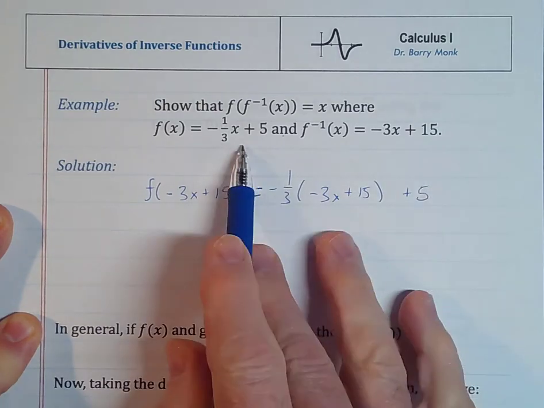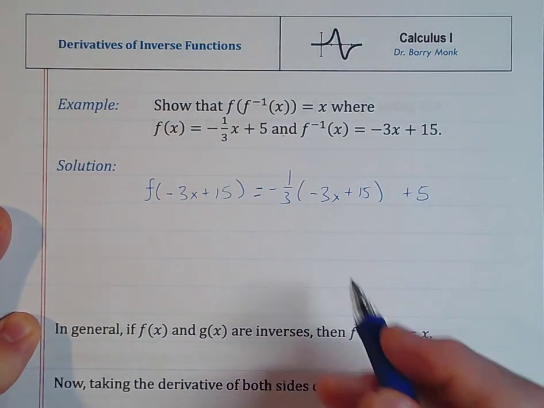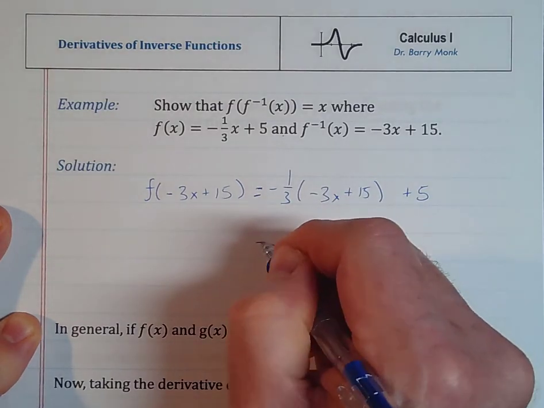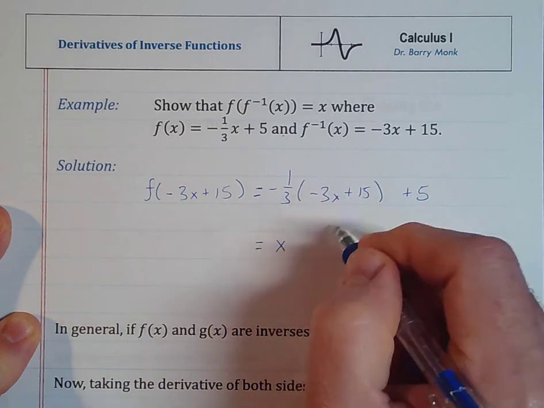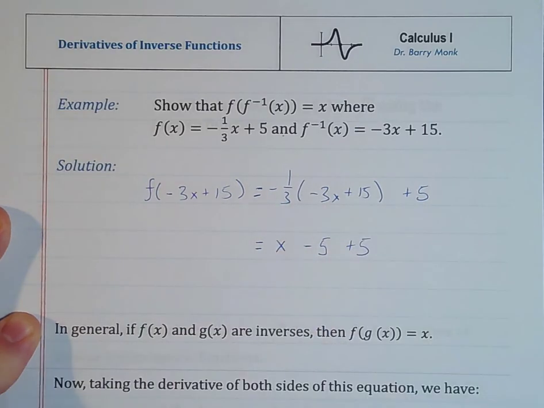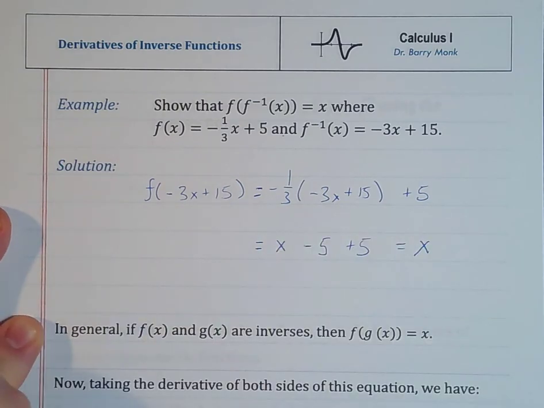Don't forget the plus 5 hanging out there. Let's multiply the negative 1/3 inside the parentheses. That would give me x minus 5. And then I've got this plus 5 out here. Now the 5's cancel out, and I've got x. And so it does exactly what I expected it to do.